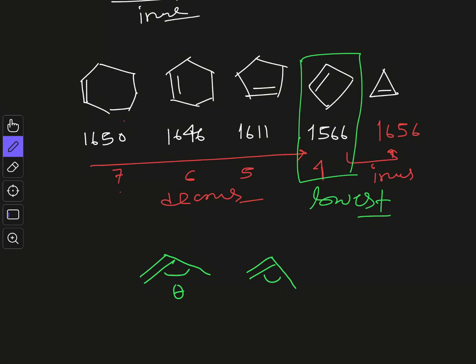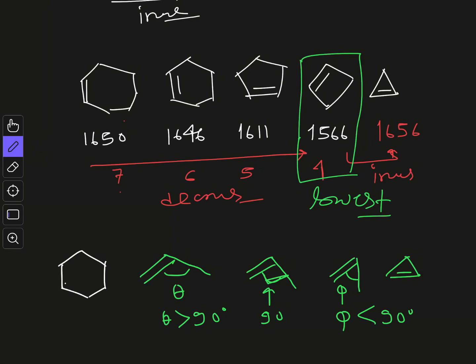So this theta is actually 90 degrees, and in another case theta is more than 90 degrees. There may also be a case where this is phi, and this phi is less than 90 degrees. This is the case of the cyclopropene system, and the large angle is the case of a simple system like the cyclohexene system.